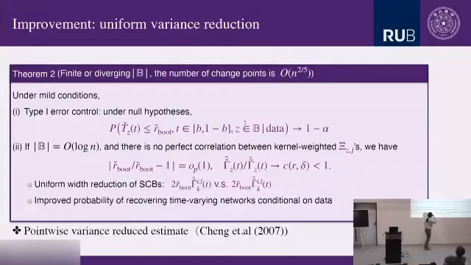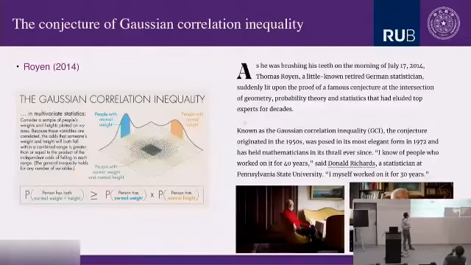The key challenge is how to control these two bootstrap quantiles before and after the variance reduction. At the end, we can show that we improve the probability of recovering the time-varying network, conditioning on data.